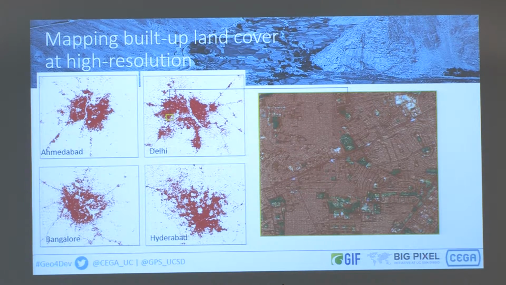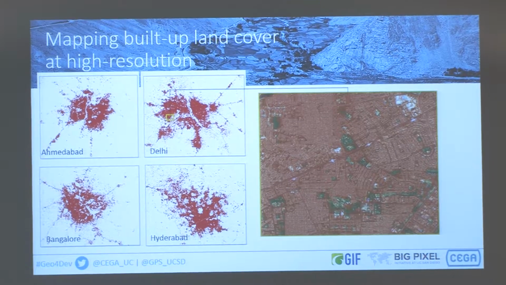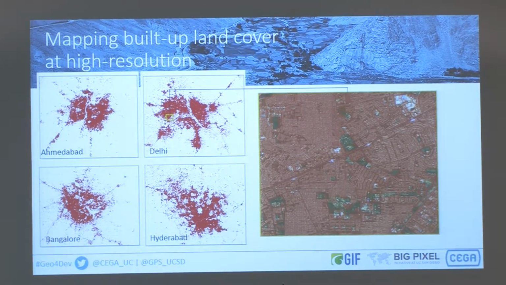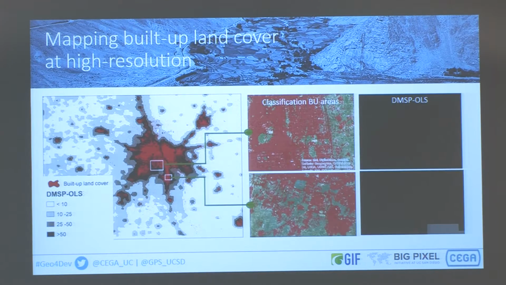And so here's a characterization of what's built up and what's not at a pixel level, at a 30 meter resolution in 4 Indian cities.